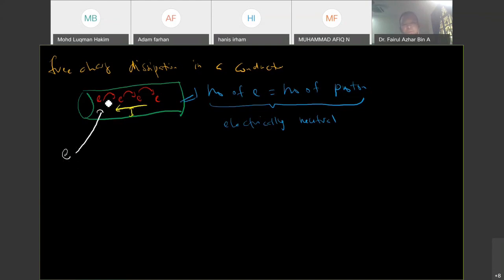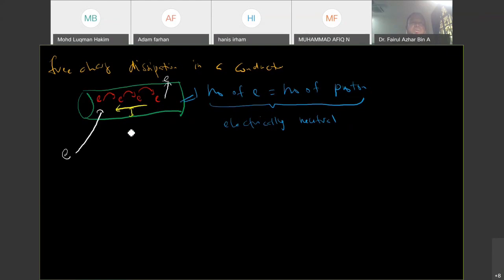So the electrons will change their respective positions, and that occurrence will continue until the excessive charge is repelled, or moved to the surface of the conductor.